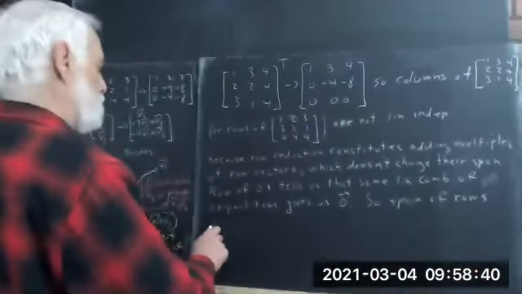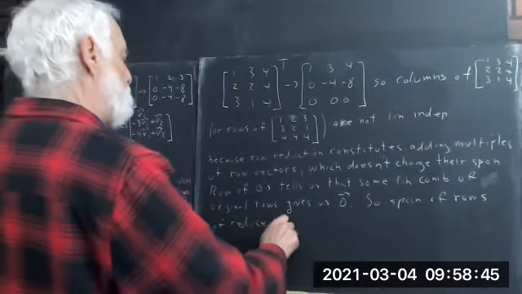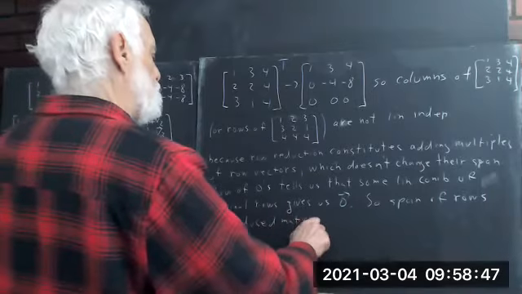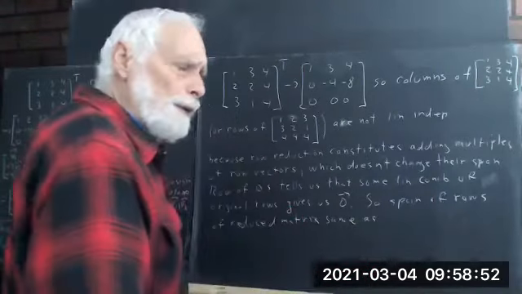So the span of the rows of the reduced matrix is the same as the span of the original matrix.